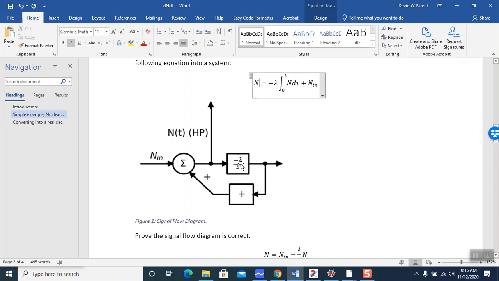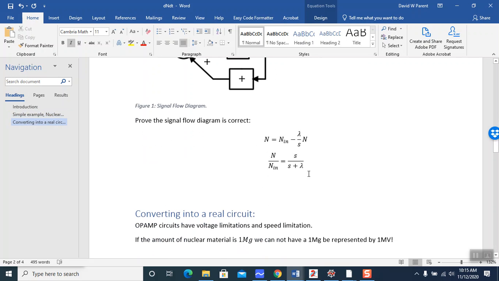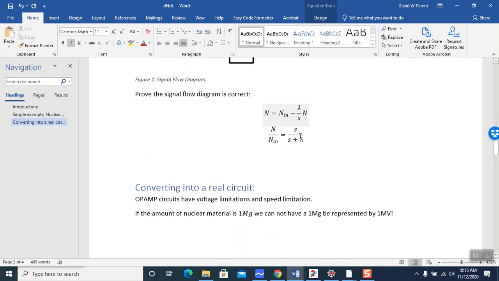So it's an inverting integrator. We feed that back in. Since it's already negative, it's negative feedback, and we're taking the output here. That output would actually be the low-pass node and how much material has left. And you can derive that and show that you get the same thing.